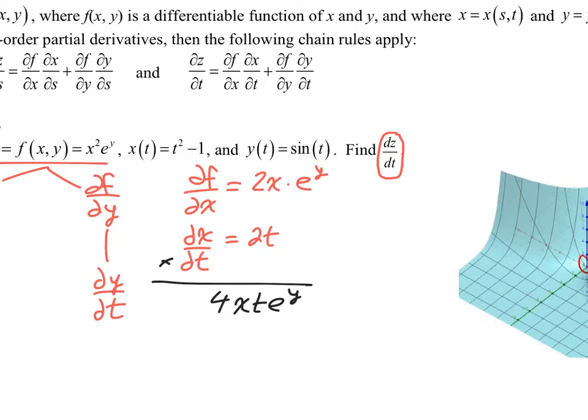The other pathway was the partial with respect to y, where I hang on to the x squared and take the derivative of e to the y, which would be e to the y times the natural log of e, which goes away immediately. And then the derivative of y with respect to t, which is going to be cosine of t.